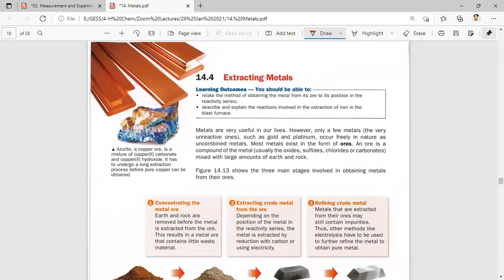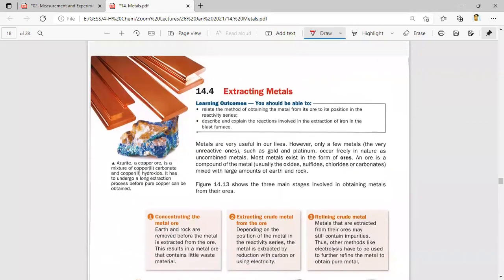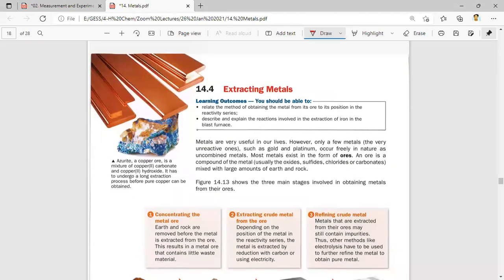And when we dig into the mines, the metals generally exist in ores. They do not come as pure metal itself. Only the super unreactive ones, such as gold and platinum, are found in pure form, uncombined with other elements.